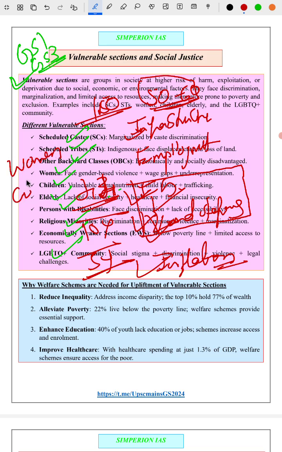In GS2, the citizen charter, the role of civil services in democracy, urban floods, cyclones, these topics are most often asked by the UPSC.